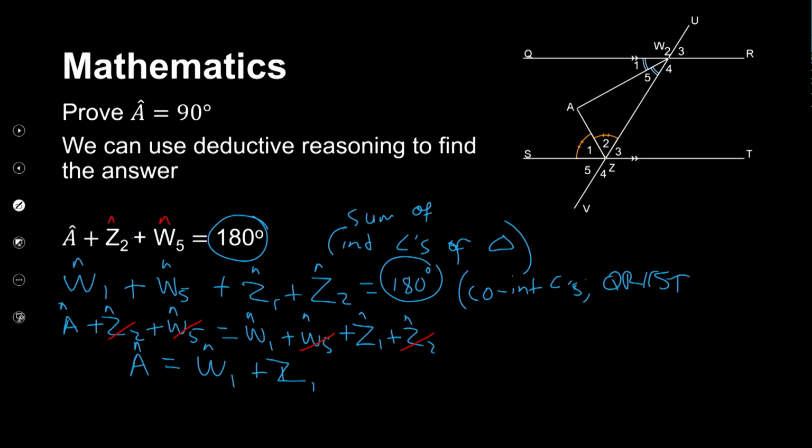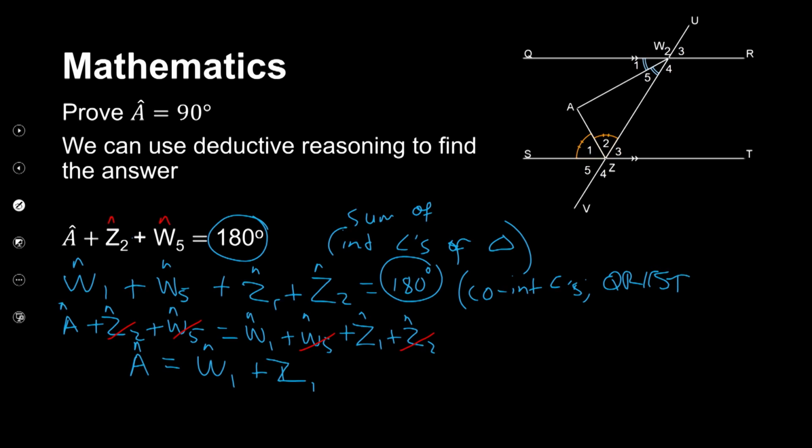But now going back to our diagram, what do we know? We know that W1 is the same as W5. And we also know that Z1 is the same as Z2.